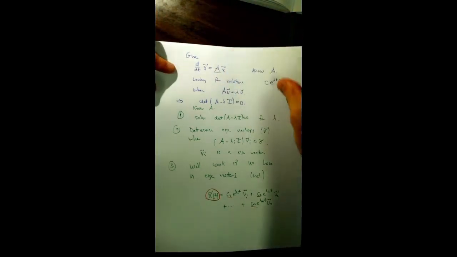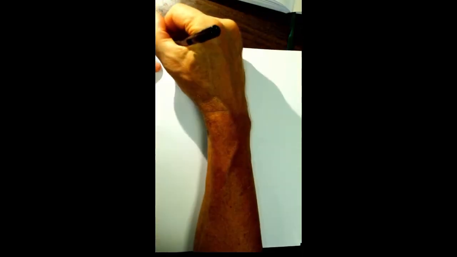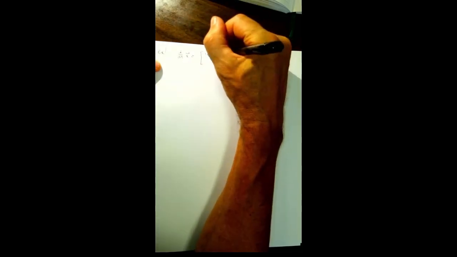Okay, let's look at one example, and then we'll move on after that. So for example, suppose I have the differential equation that looks like this. So the matrix is 12, minus 10, 15, minus 13. I want to find eigenvectors and eigenvalues.